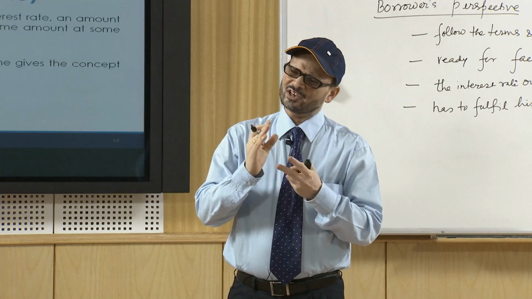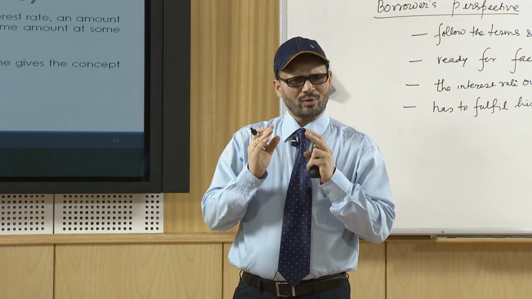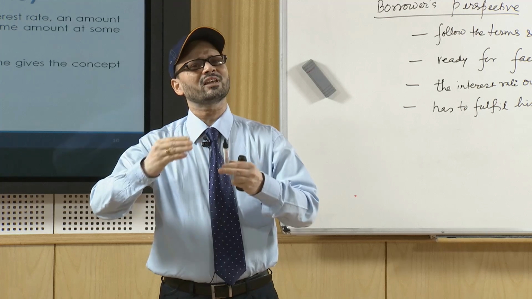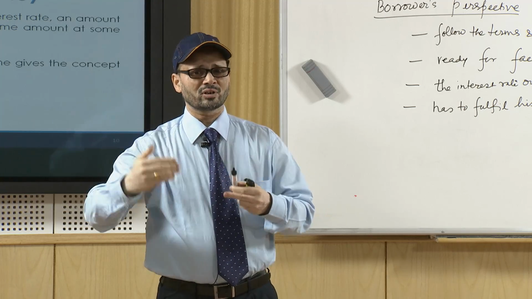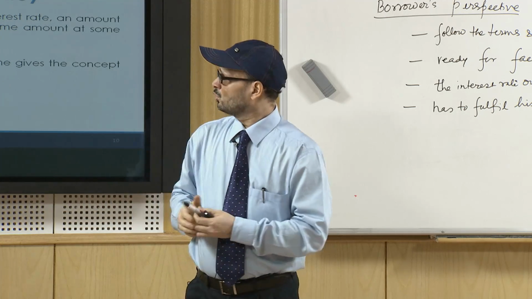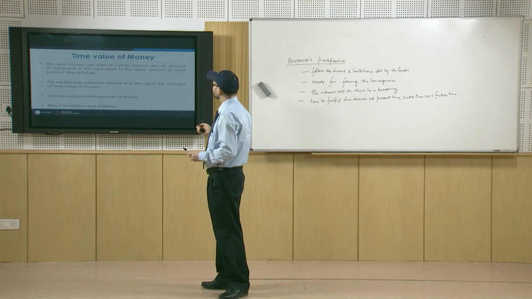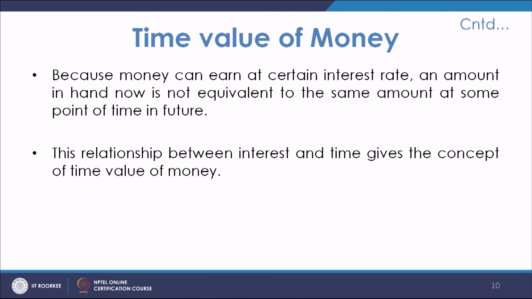It means its value is not fixed. Whatever money we have now, it will earn something and it will give us something more in course of time. So, basically it is written that because money can earn at certain interest rate, an amount in hand now is not equivalent to the same amount at some point of time in future.